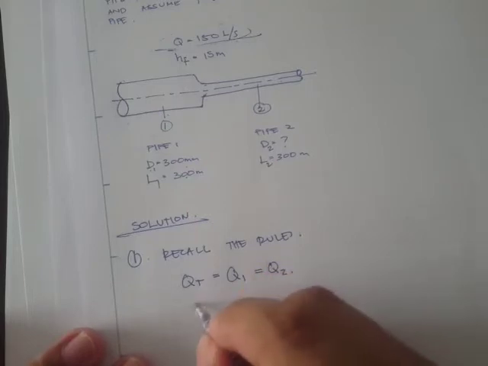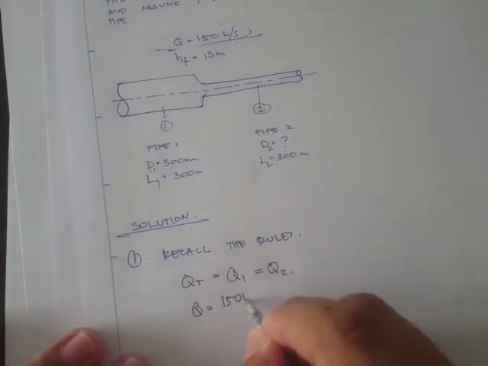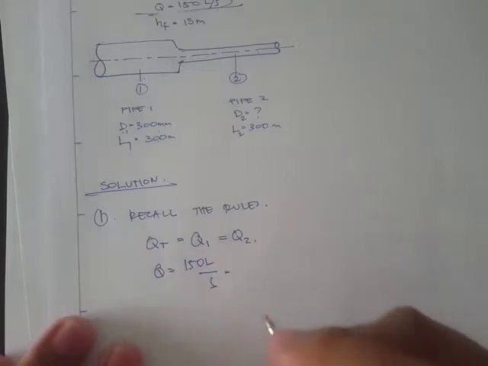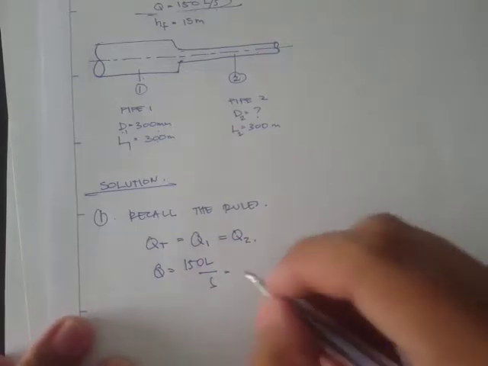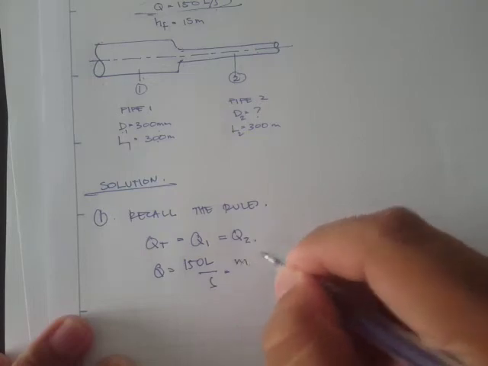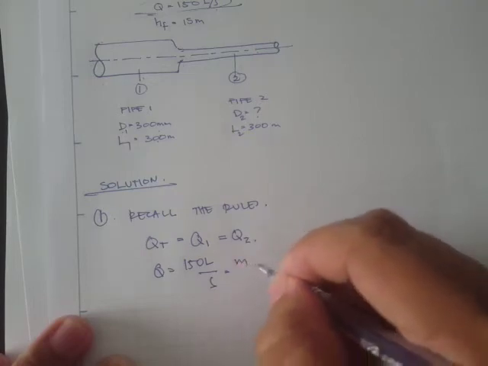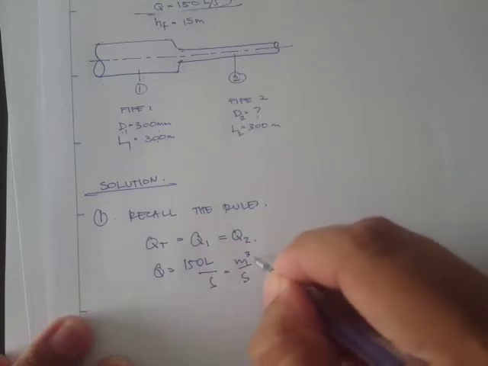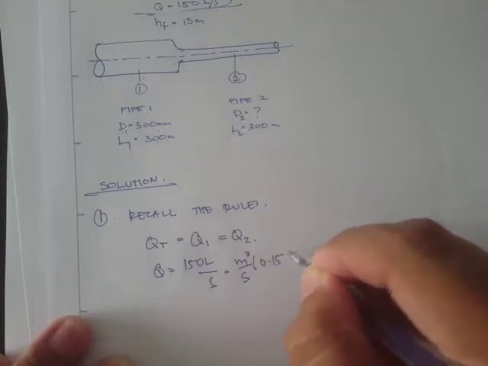Our flow rate is given in liters per second, and we have to convert this to cubic meters per second, which is simply 0.15.